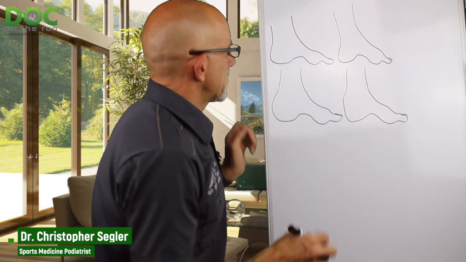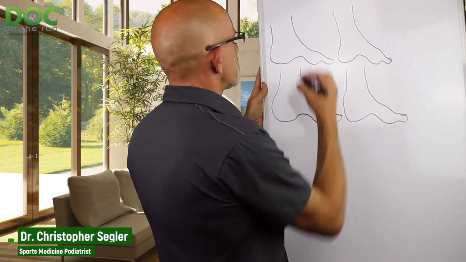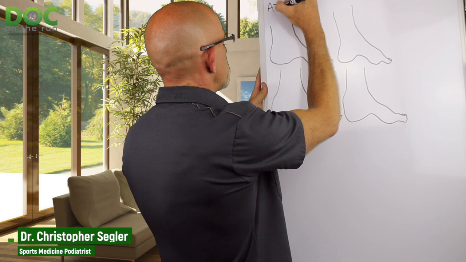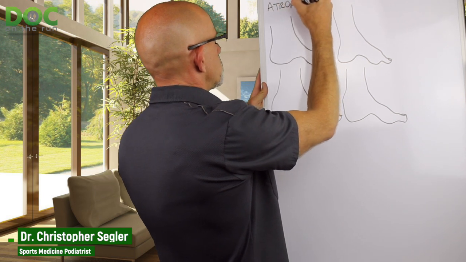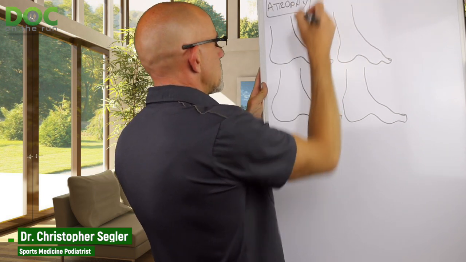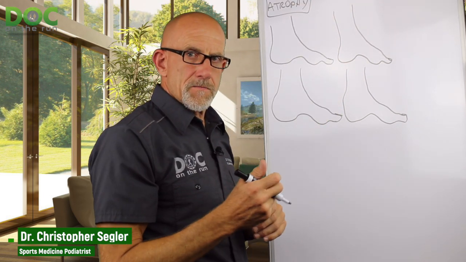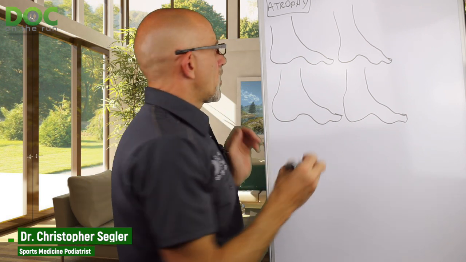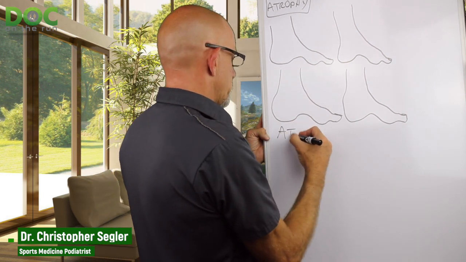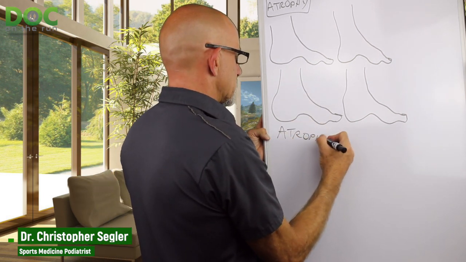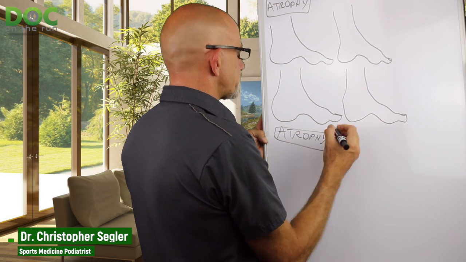Okay, so let's talk about this. Let's say you have atrophy. Atrophy is where the fat pad gets thinner. It's where it gets smaller. So if you have atrophy, what happens exactly with the ball of the foot?